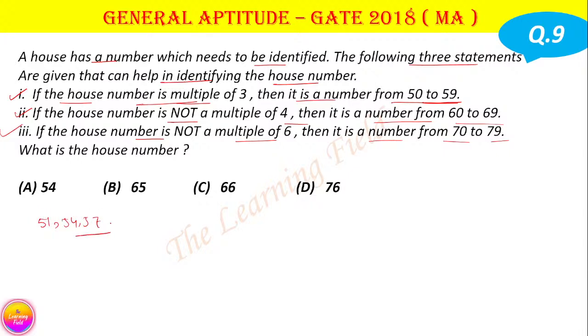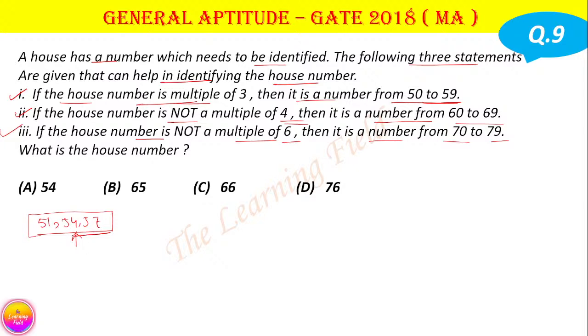These 3 numbers are multiples of 3. But if one of these is the right answer, then it should also be a multiple of 4 and 6 from the second and third conditions. In these 3 there is no multiple of 4 and 6, therefore this is not the correct answer.